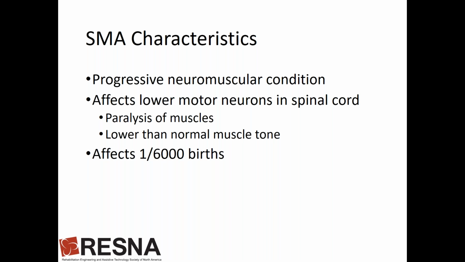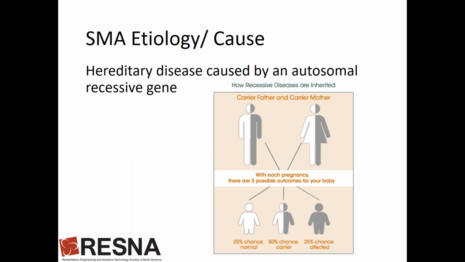But spinal muscular atrophy is 1 in 6,000 births. Because it's hereditary, it's caused by an autosomal recessive gene. So there has to be a carrier in the father and a carrier in the mother.